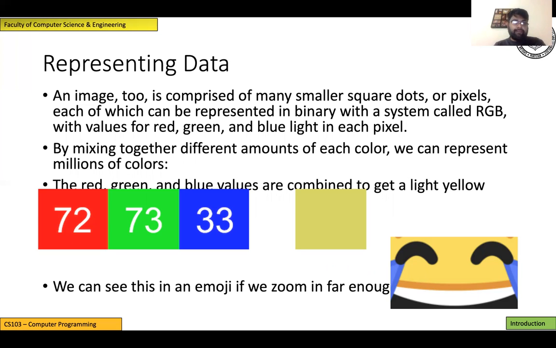By mixing these together, you can come up with millions of colors. For example, the red, green, and blue values given here, 72, 73, and 33, are combined together to get a shade of yellow, and that shade of yellow can be seen in the emoticon if we zoom in far enough.